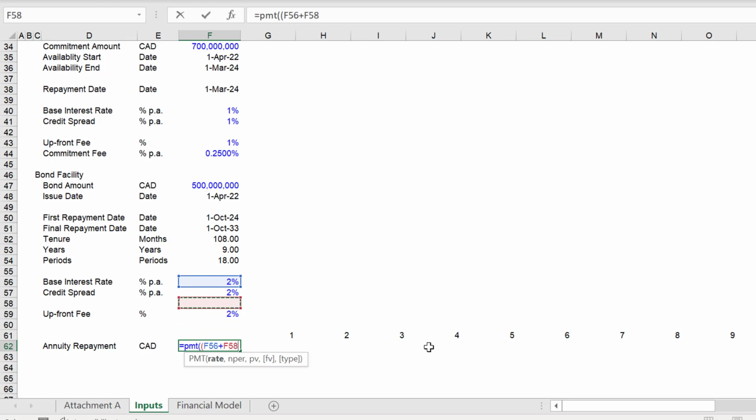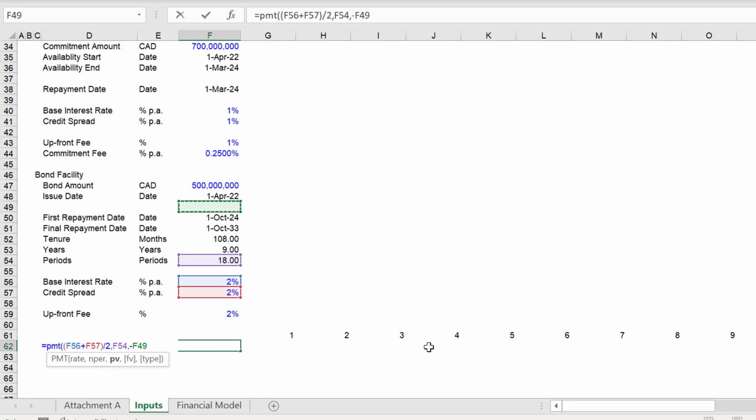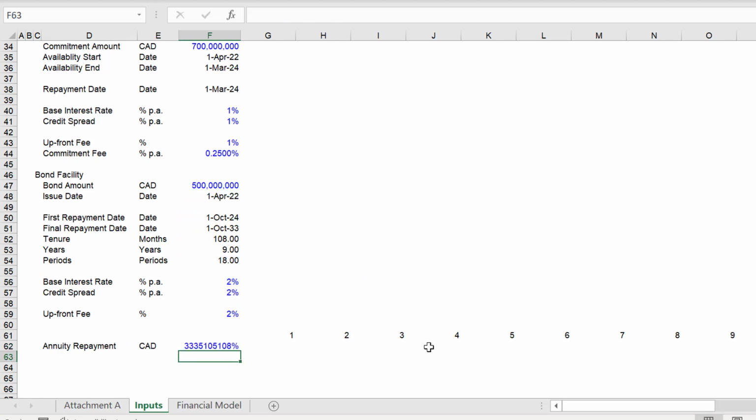Don't get fancy with this whole business of compounding. It's just a simple interest rate, and they didn't say to do anything more special. Then we do this over 18 periods, and I'm going to put a minus on the bond amount. That of course will change, and let's press Shift Control 1, and that's our annuity payment.